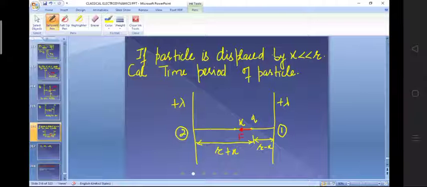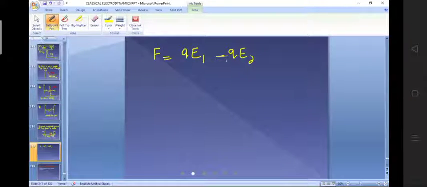On this charged particle, whose charge is Q and mass is M, there is one force because of wire 1 and another because of wire 2. The force due to wire 1 will be greater than the force due to wire 2, so the net force will be F1 minus F2, which is Q times E1 minus Q times E2, because force is simply charge multiplied by field.